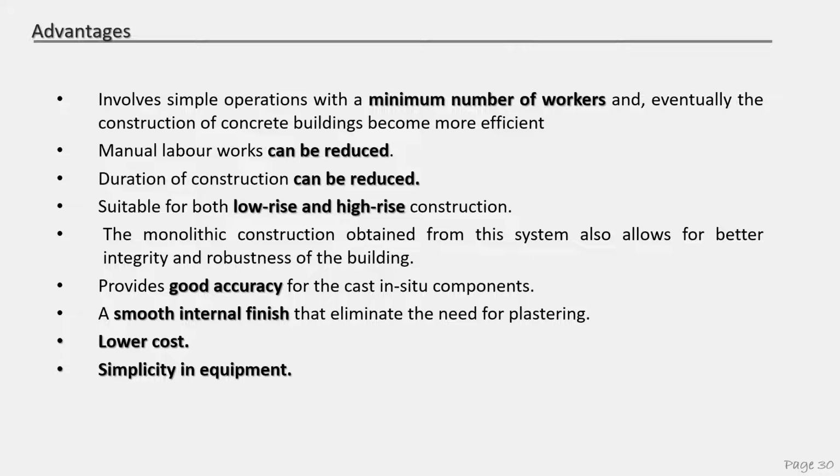Okay, and of course it's low cost and simplicity in terms of the equipment because you are using the similar equipment as traditional, but then you reduce using number of workers and also the traditional formwork, like the timber, the soffit or the plywood. So you reduce that by using the formwork. Alright, okay.